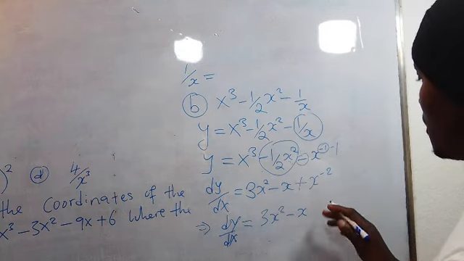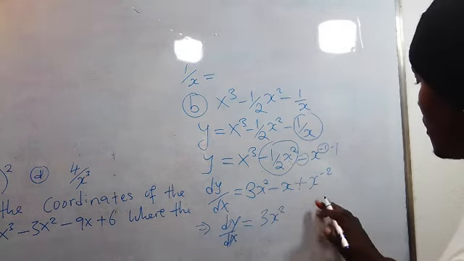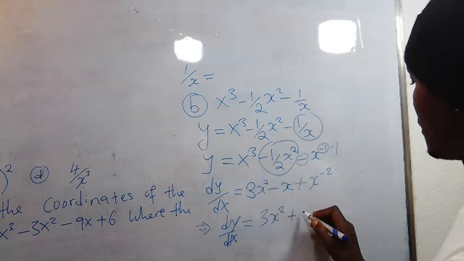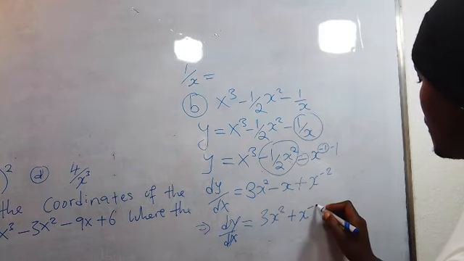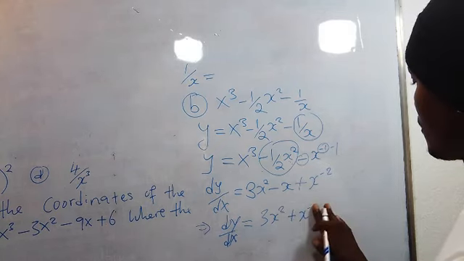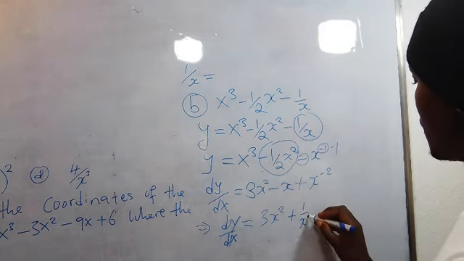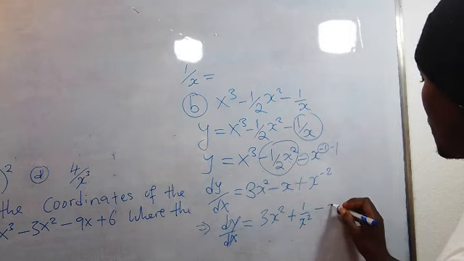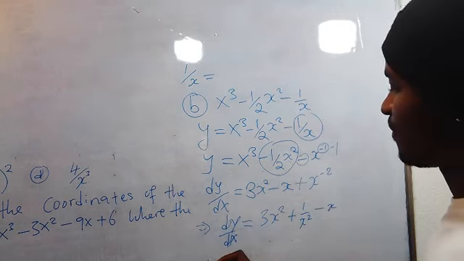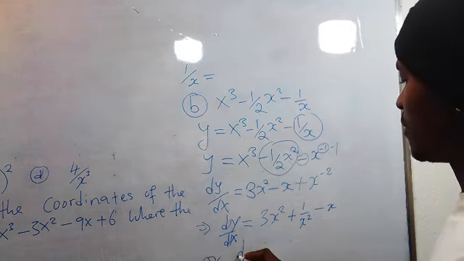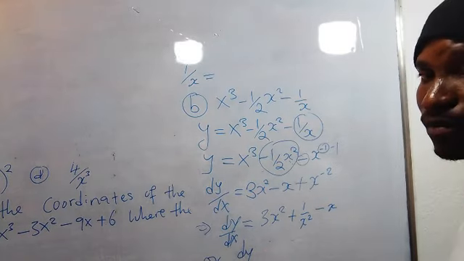And then you can just regroup it, okay? So you can just say 1 over x to the power 2, then minus x, okay?